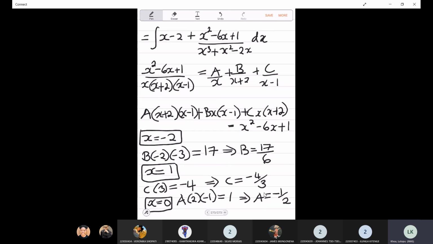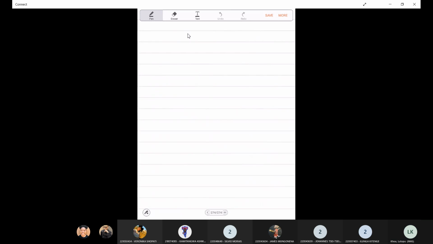Okay, so now we have our a, b, and c that we will put over there, and our integral then becomes the integral of x minus 2 minus 1/2 over x plus 17 over 6 over x plus 2 minus 4 over 3 over x minus 1 dx.